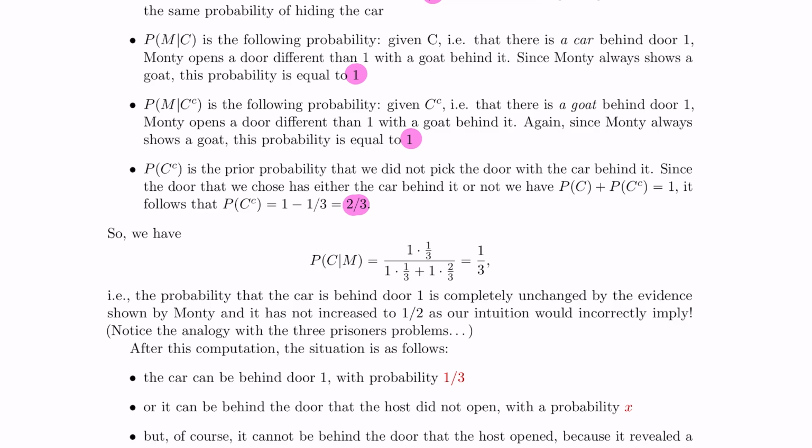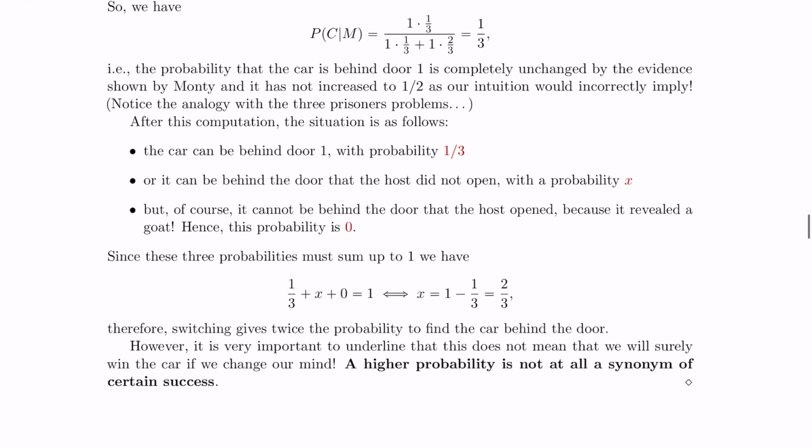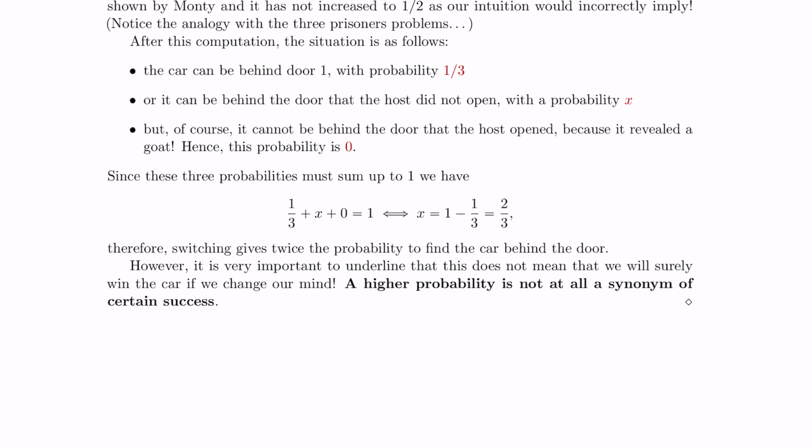Now, what about the probability that the car is behind door 2? Well, we can compute it using the following very easy argument. This probability is an unknown, and so we denote it with x. We already know that we have probability 1/3 that the car is behind door 1, while there is 0 probability that the car is behind door 3, because Monty opened this door and revealed the goat.